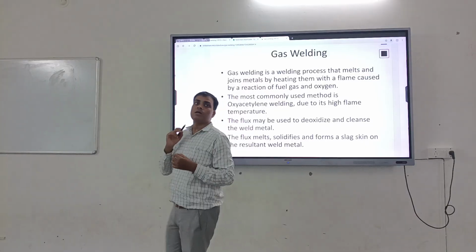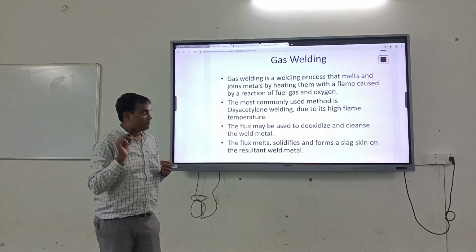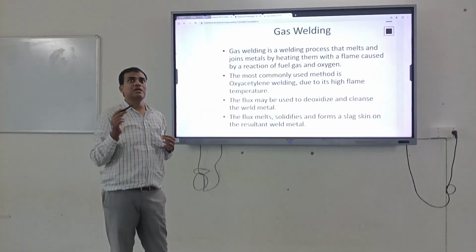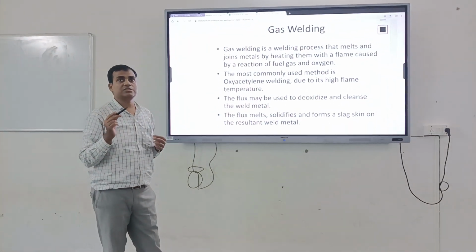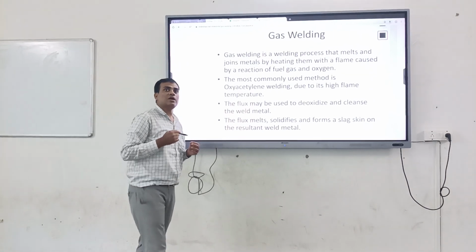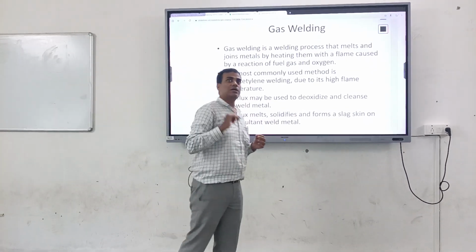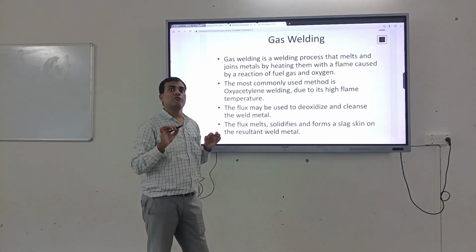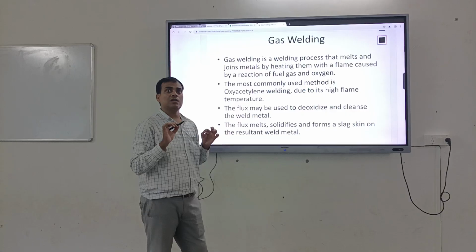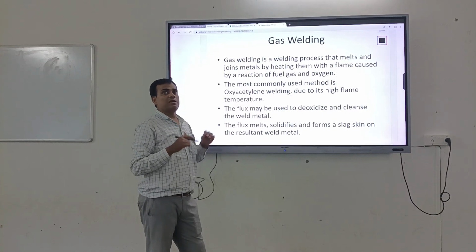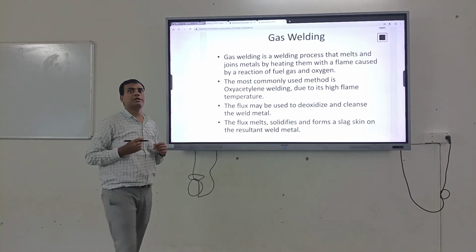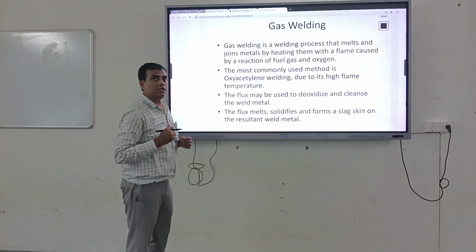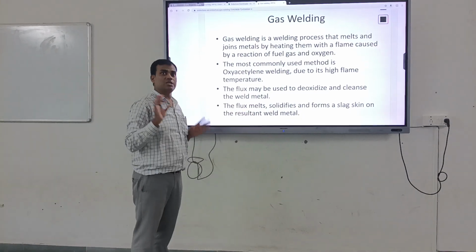The gas welding process provides a highest temperature of around 3000 degrees C. If the melting point of any material is above 3000 degrees C, then it is not possible to weld that material because of the high melting point. So we have to choose a material with a melting point below 3000 degrees C.